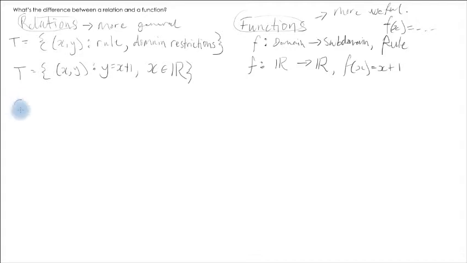So here we've got, I'll call this relation S, and it's the set of ordered pairs x, y, such that x squared plus y squared equals 1. And I'm going to say that x can be any real number again. Now, the only places where x squared plus y squared equals 1 actually looks like this.